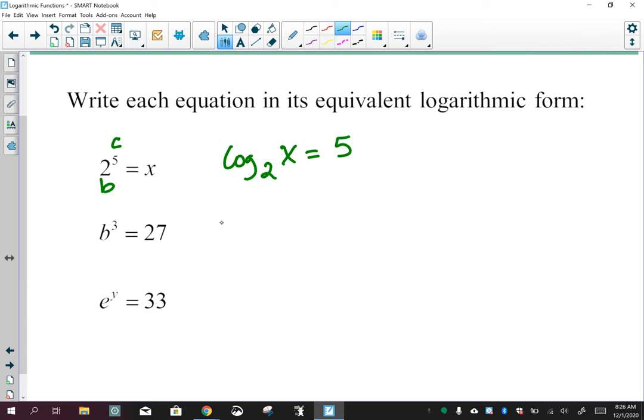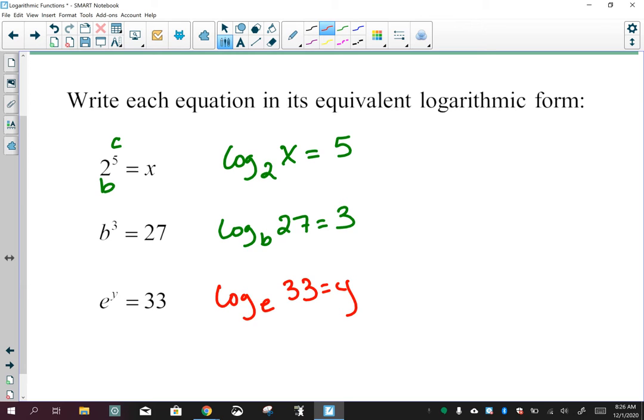So again, I have log base b of 27 is equal to 3. Okay, let's try this one. We have log base e of 33 is equal to y.